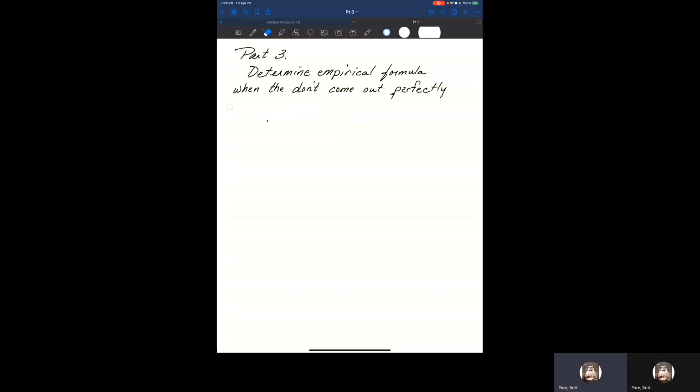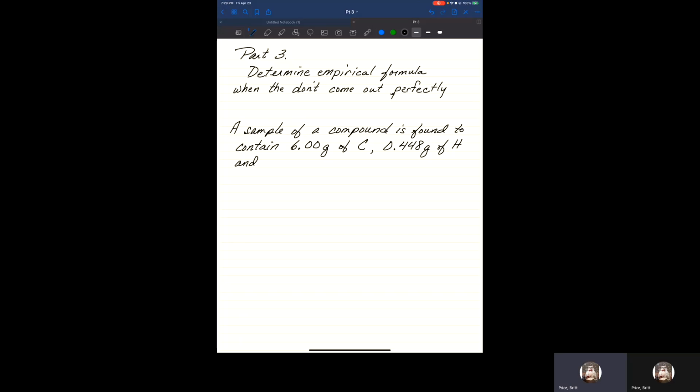Let's start this again. So a sample of a compound is found to contain 6.00 grams of carbon, 0.448 grams of hydrogen, and 3.55 grams of oxygen.